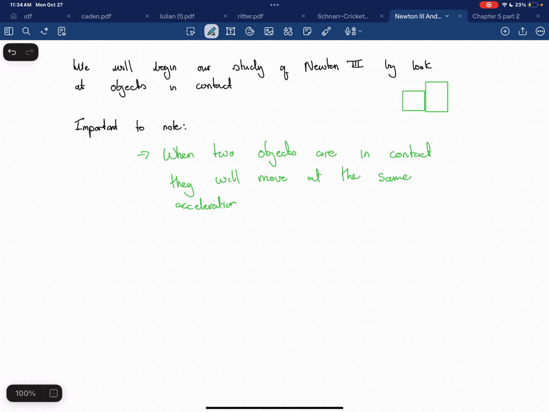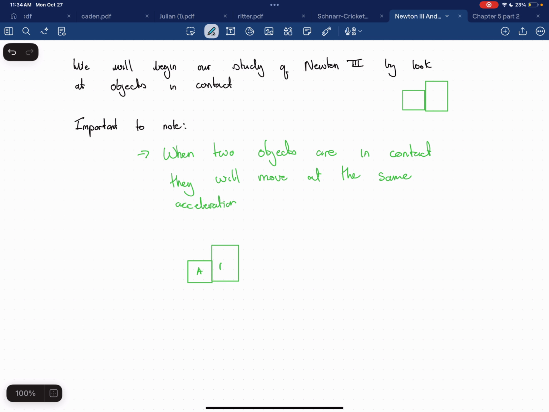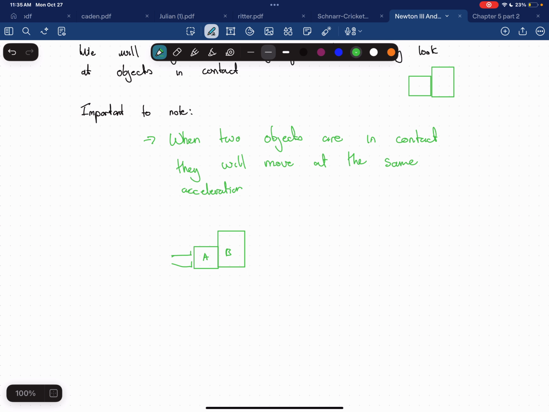So if I have an object A right here, an object B, and I have a pushing force, like somebody's pushing it. Let's say this is a hand.